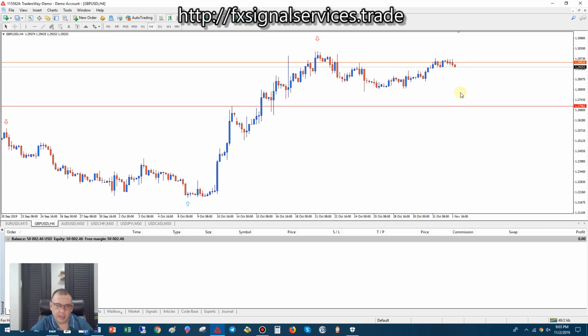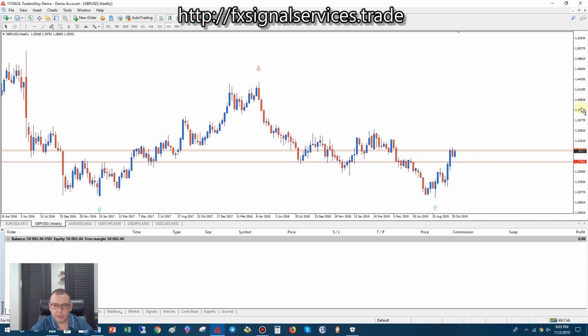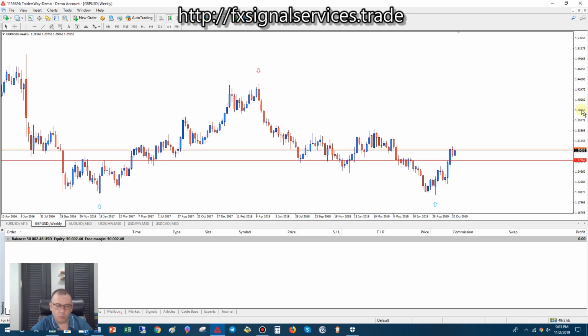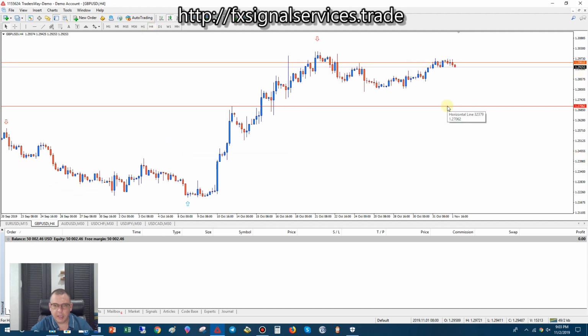If you want, in the beginning of the week, you could sell and hold, but since the overall trend is showing bullish, meaning it's going to go up, I would wait until we had a good buy opportunity. You could probably go on the 4-hour chart like this and put a buy limit pending order down here, and wait for the price to drop and then catch it on the way back up.